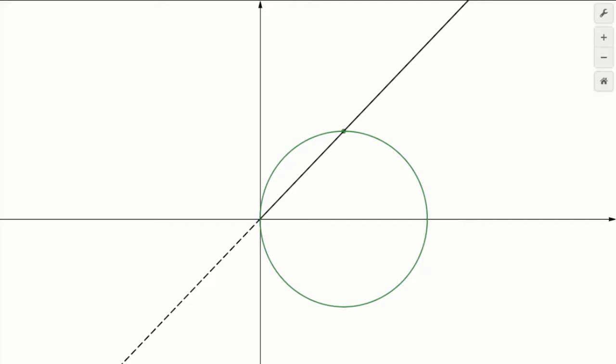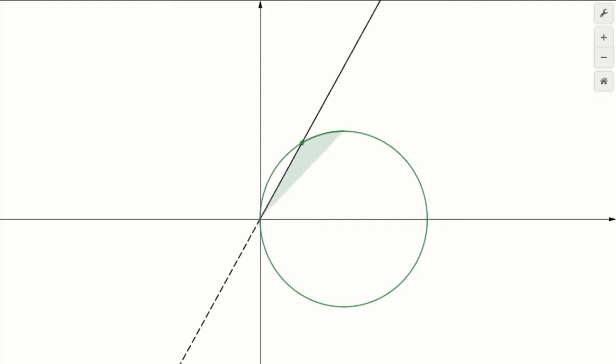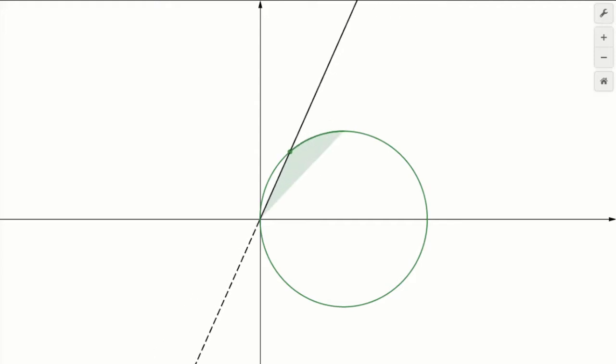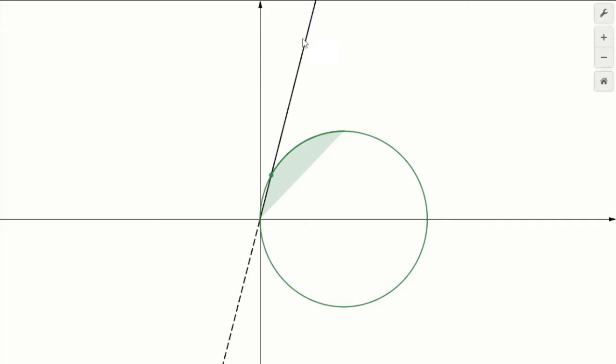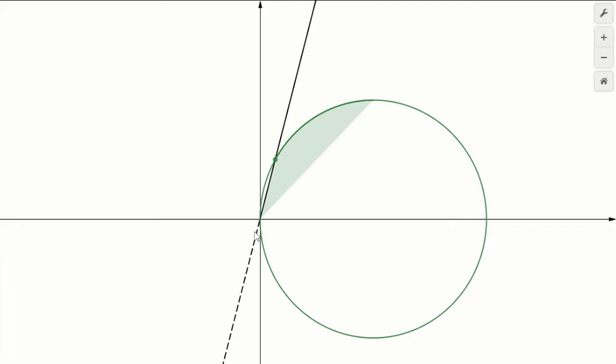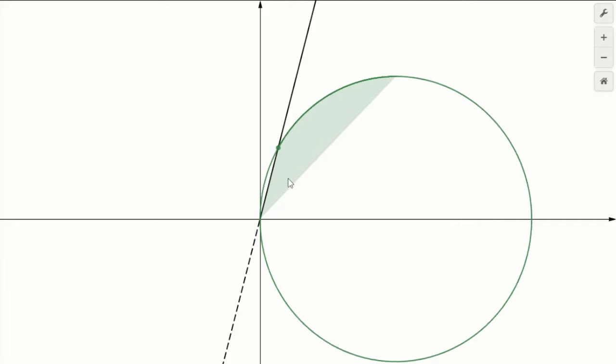Let's see the shaded area right here, from pi over 4 to pi over 2. As our handle gets closer and closer to pi over 2, you can see that the amount of area keeps changing. Let me keep increasing it.